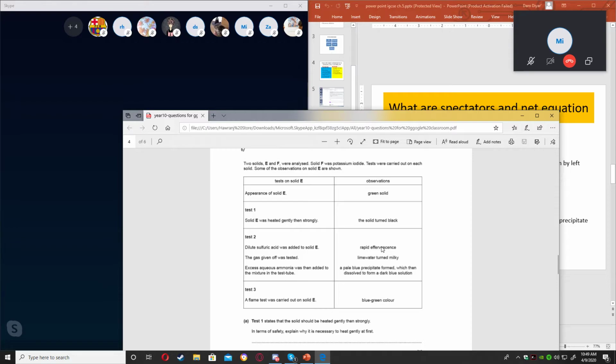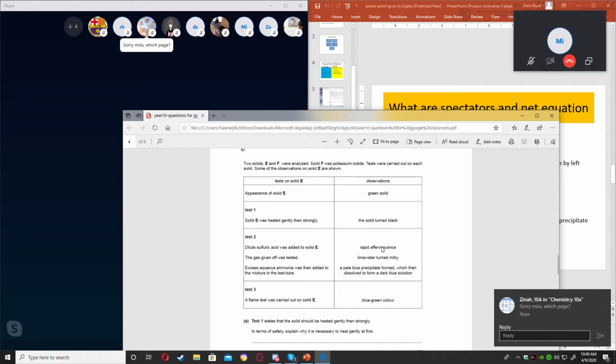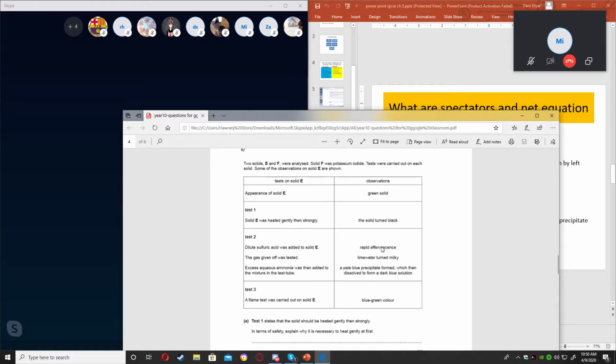So when it is a green solid, I will think about copper, so Cu. Copper has a greenish color.